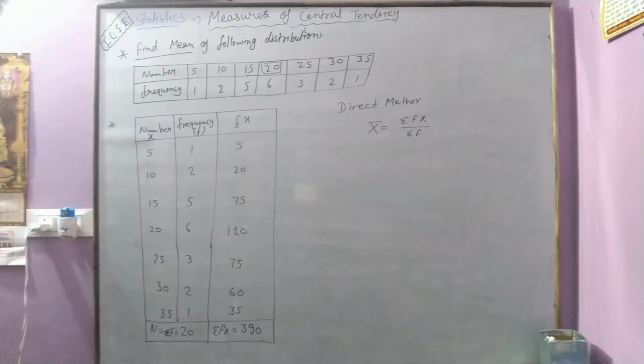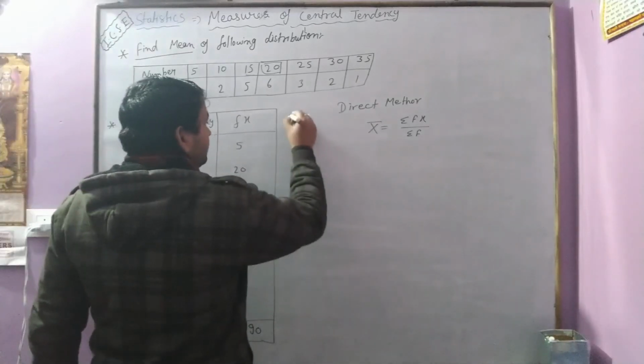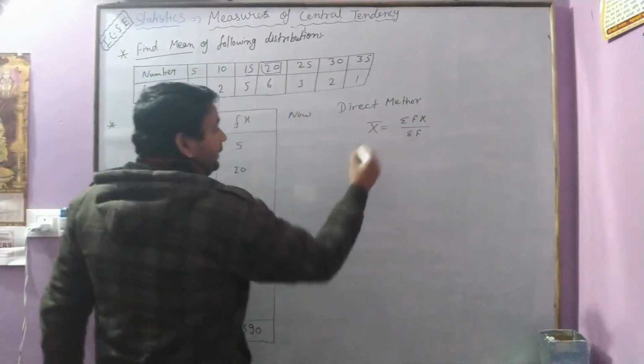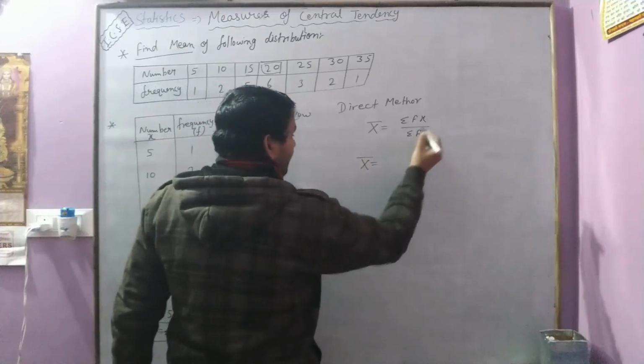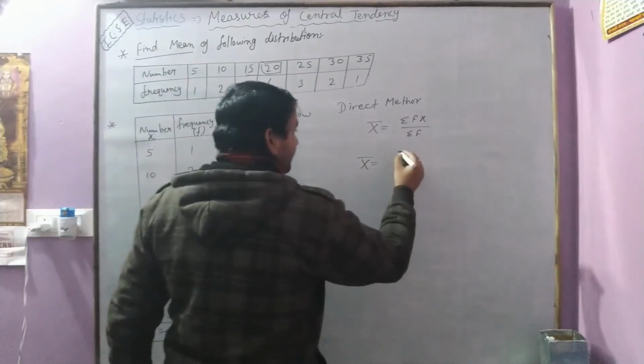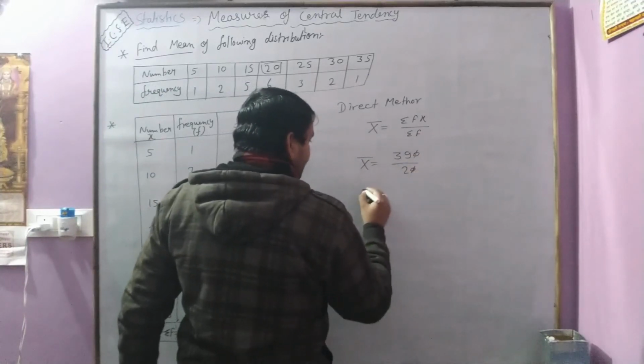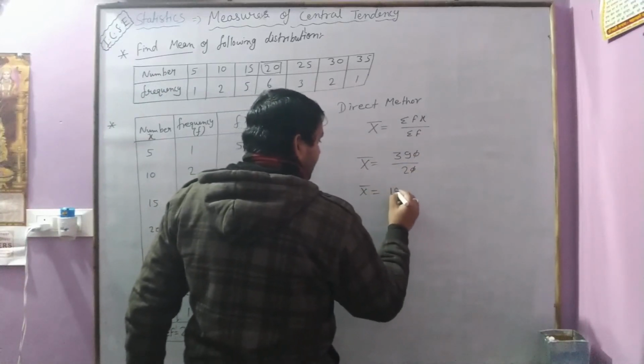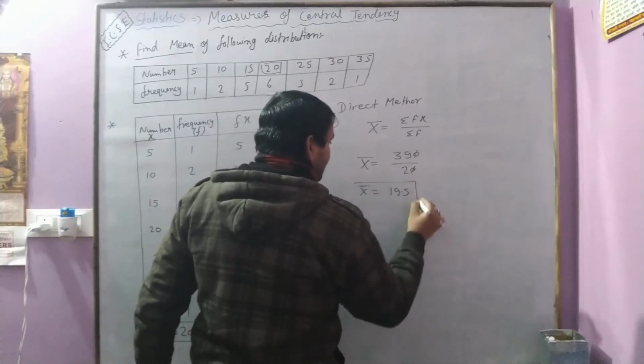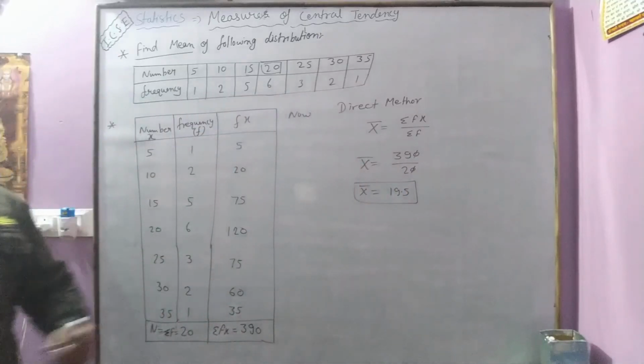Okay, now in the formula, by putting all these values, which is 390 upon 20, we get the result is 19.5. This is the mean of given data.